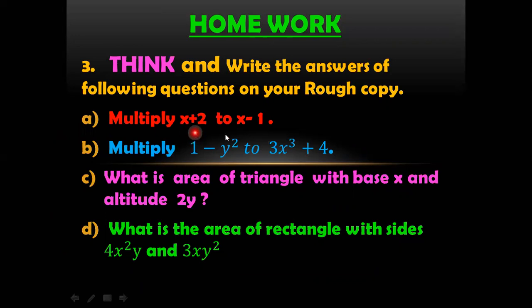It is a binomial, it is multiplied with the binomial. यहाँ पे पावर्स जो हैं ये y square और y cube, ये एक quadratic और cubic polynomials हैं. और area of triangle with base और altitude में आपने कौन सा formula use करना होगा, जो आज आपने question में भी learn किया, 1/2 into base multiply by altitude. And area of rectangle ये भी आज आप learn कर चुके हैं, length multiply by width, और आप इससे पहले भी जानते हैं. और आपको ये दोनों जो dimensions हैं rectangle की, दो sides हैं, वो given है. इनमें से किसी को भी आप base और किसी को भी length और किसी एक को भी width consider कर सकते हैं.